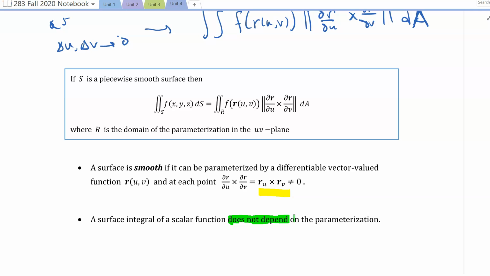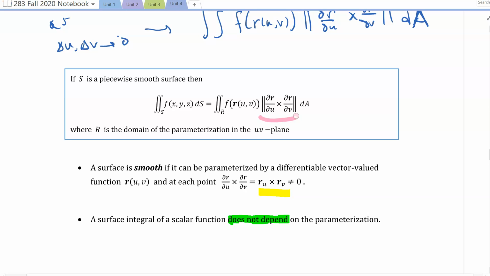All right, last comment here is that surface integrals are tough to compute. The surface integral of a scalar function can be difficult to compute because if we look at the formula, we have to compute quite a bit to write that expression down that I just underlined in pink.